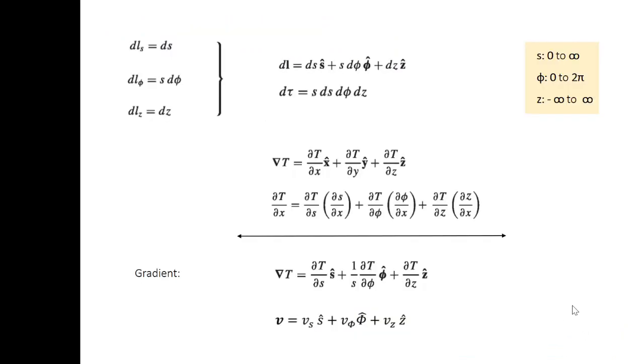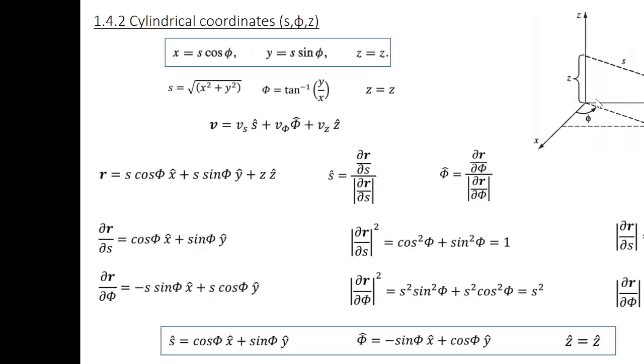Now we need to find out the infinitesimal displacement in the direction of s, phi and z. Call them as dls, dl phi and dlz. So this is the direction of s. So an infinitesimal displacement in this direction, you can call it as ds.